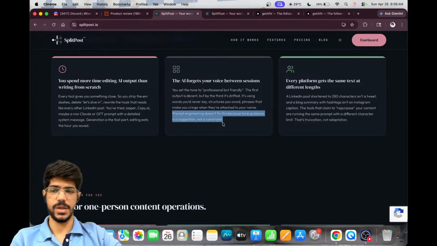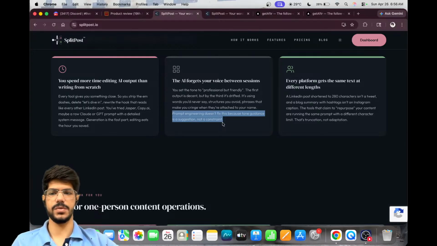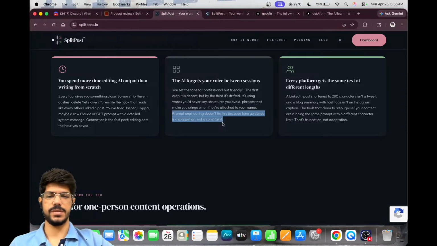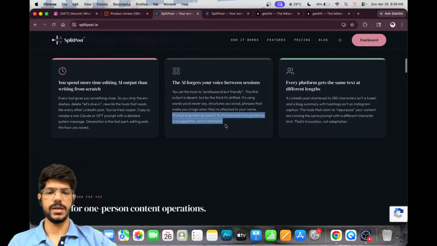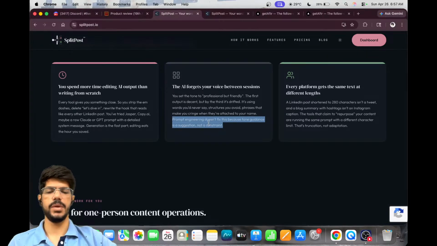Even then, I doubt you would be able to constrain AI to only use certain things rather than having it use other things. And I would disagree with this, because prompt engineering does actually fix that. Let me just show you.